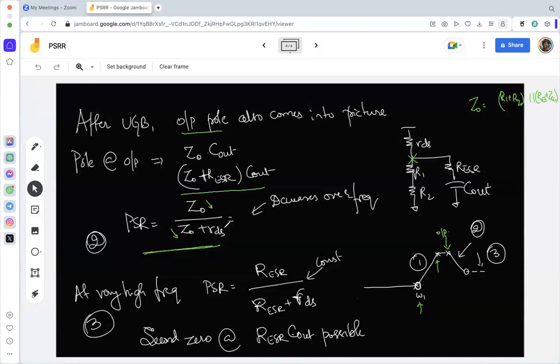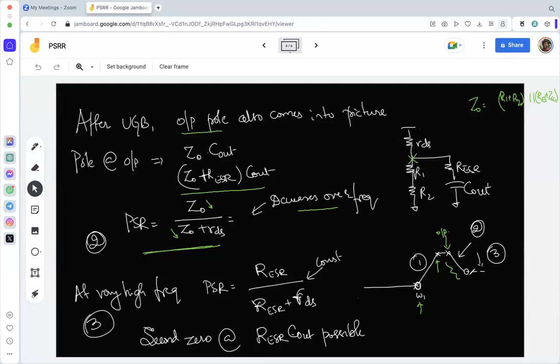RDS is still more or less a constant value, because of which you may see that the overall expression ZO by ZO plus RDS is going to decrease over frequency. And that decrease results in this range, after UGB, after the second pole, the output pole.